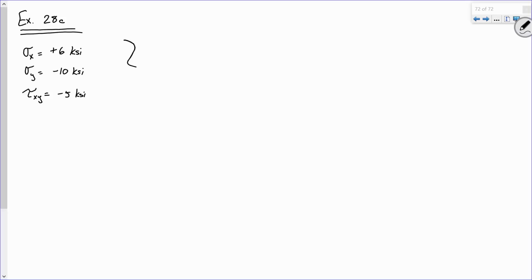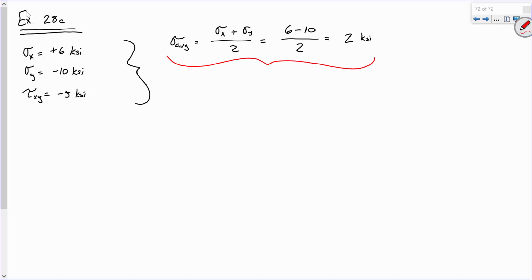So using these quantities, the first thing I want to calculate is sigma average, which is just (sigma x plus sigma y) over 2. So what does that come out to be? Or 2 ksi, right? Now, if you want, you can think of it like this. This quantity right here is the center of the circle. That's where the center is.